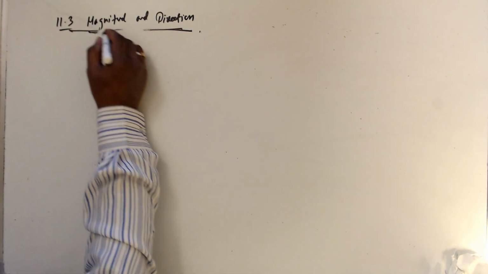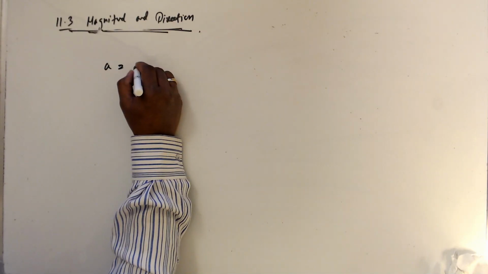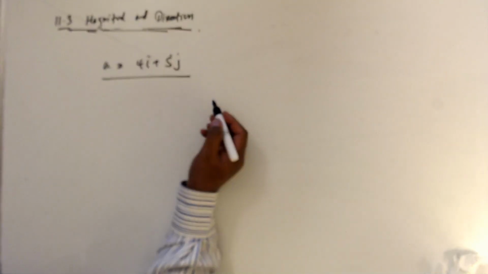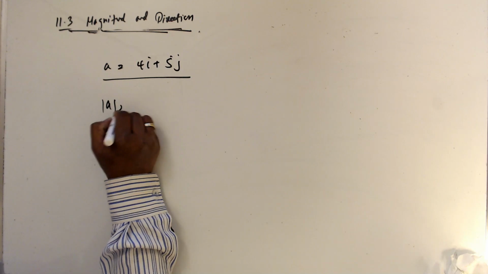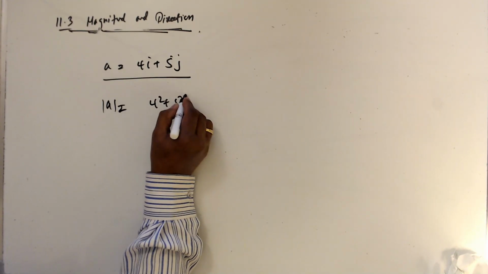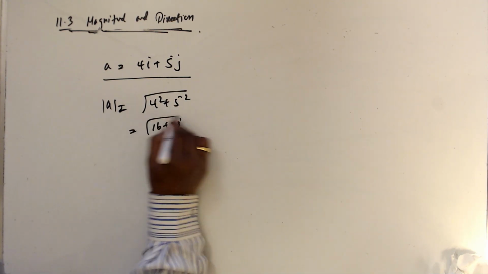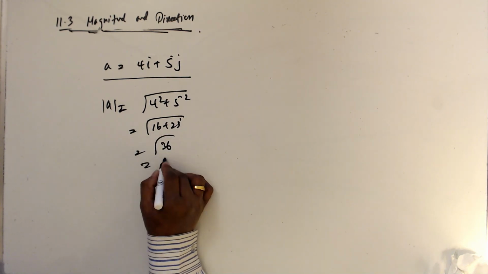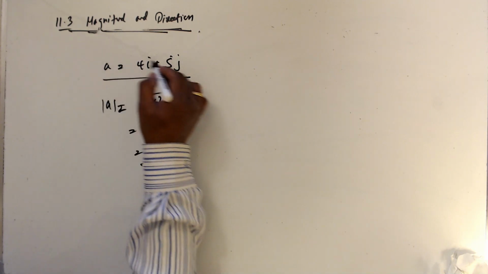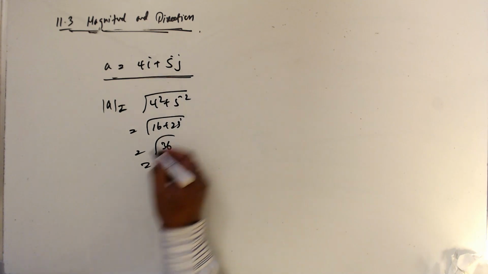Now, let's say A, I have 4i plus 5j. I have a vector. I want to find the magnitude. So then I will put Pythagoras. So this is going to be 16 plus 25, this is 36, which is 6. Now I want to find the direction of this vector.